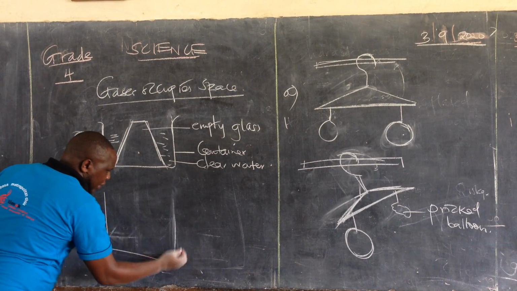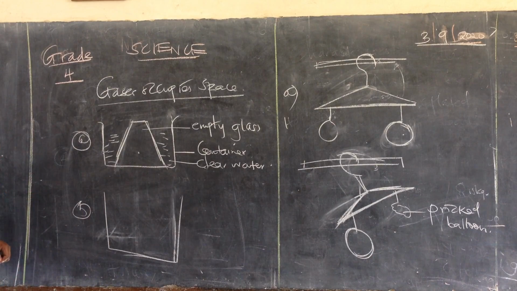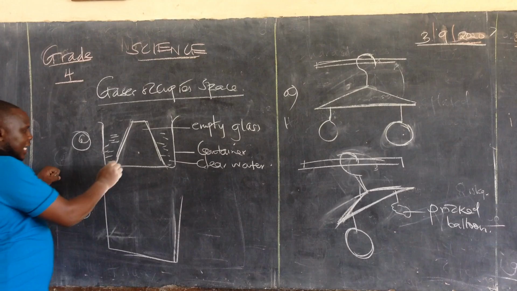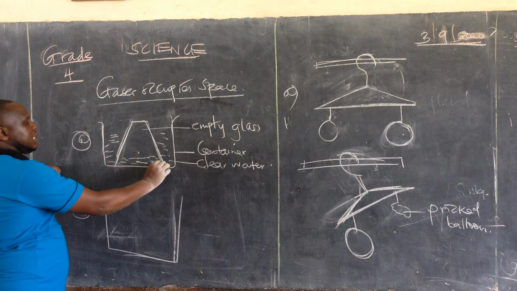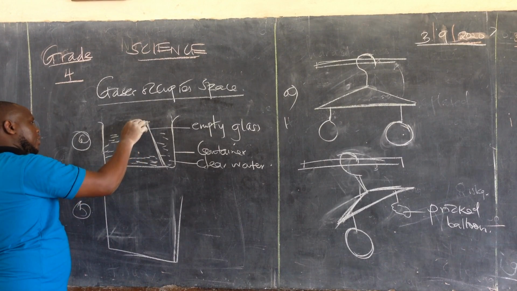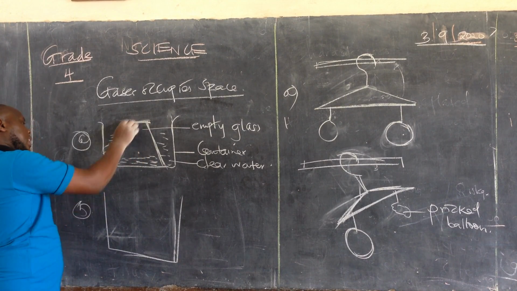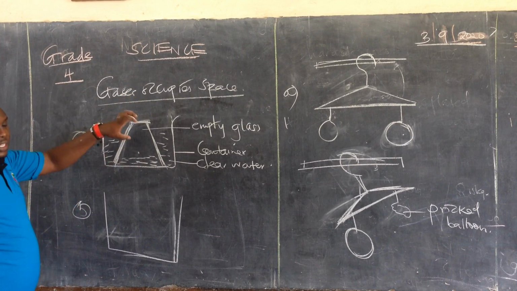But this time I want you to see how I'm going to draw the next experiment. I want you to pick a glass. We have some water inside the glass, but the water does not enter up to the bottom of the glass. It doesn't fill the glass. There's a reason why.